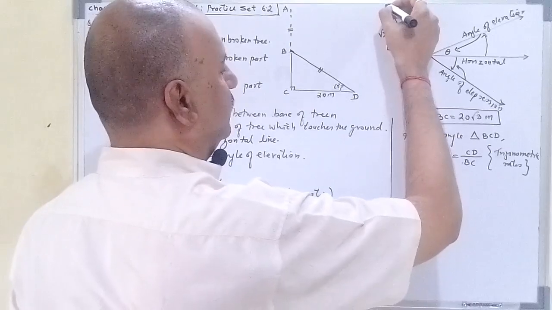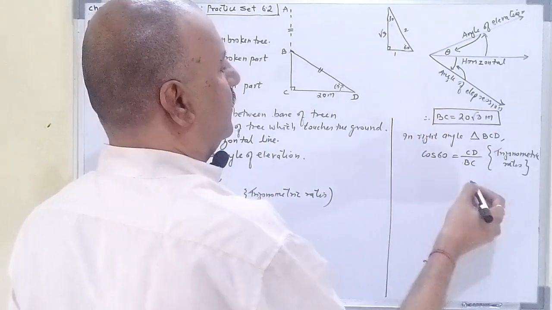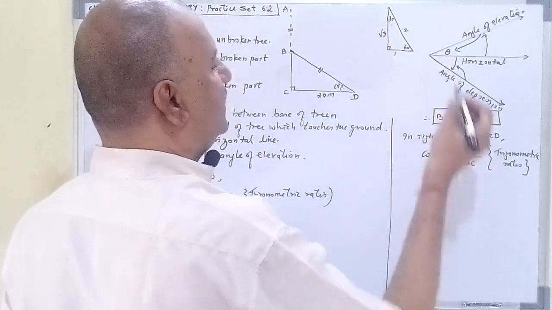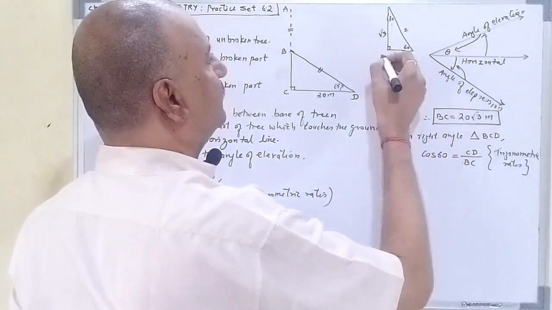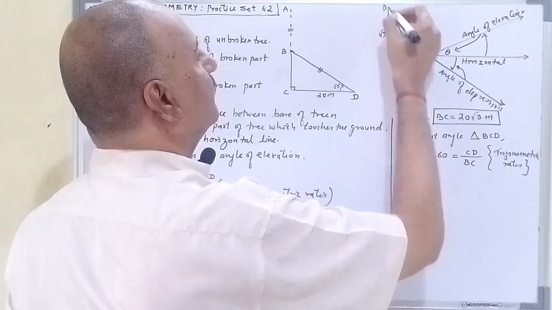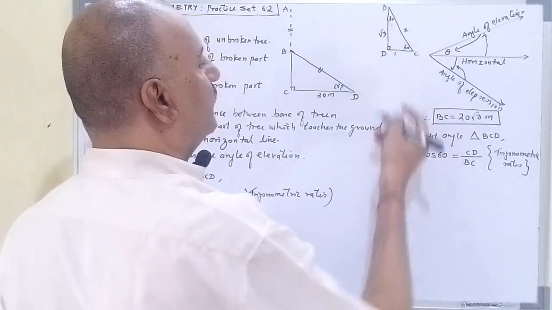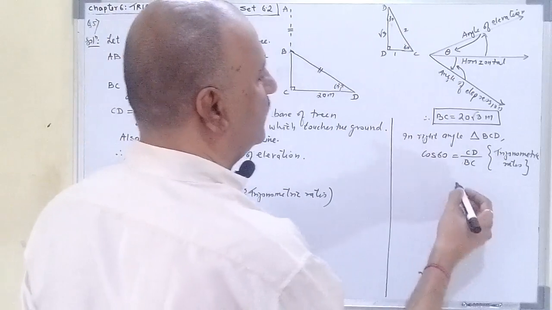Understand this. BC, this is the hypotenuse, BC. It's CD upon BC.